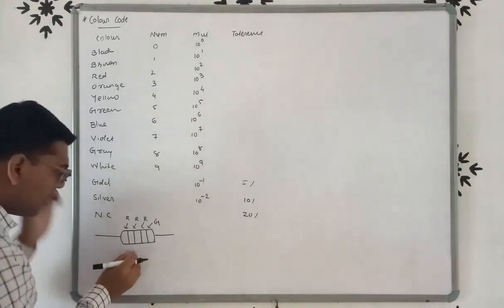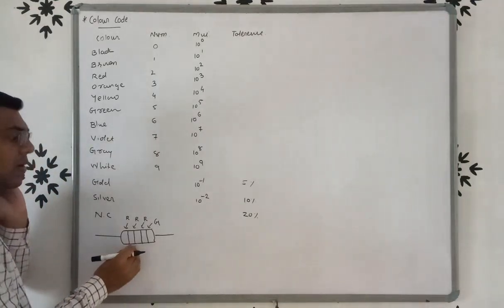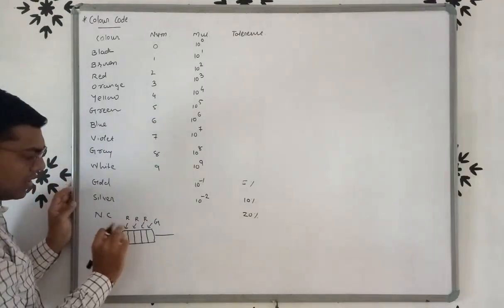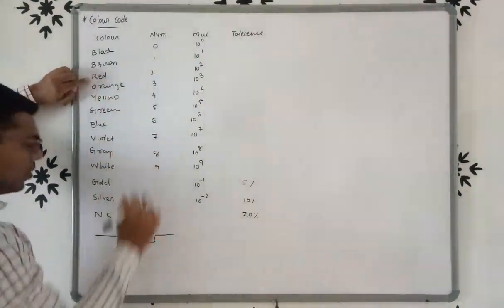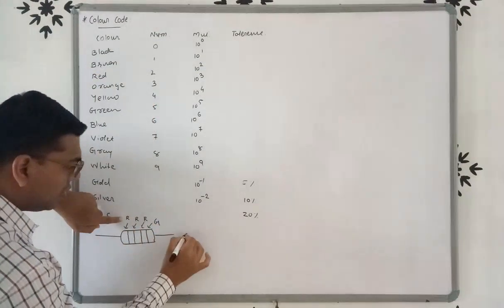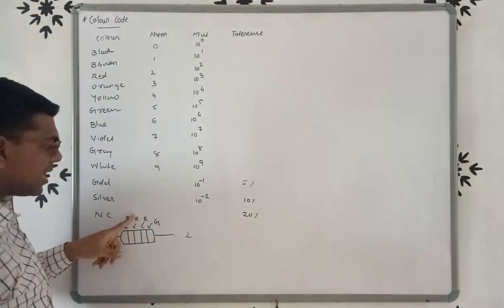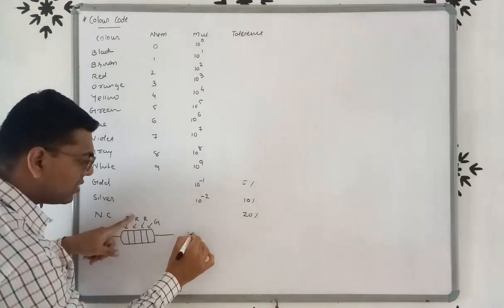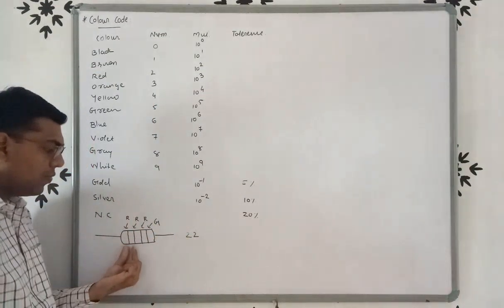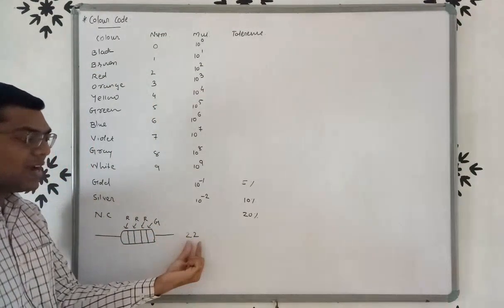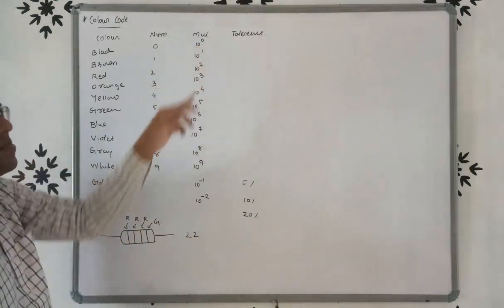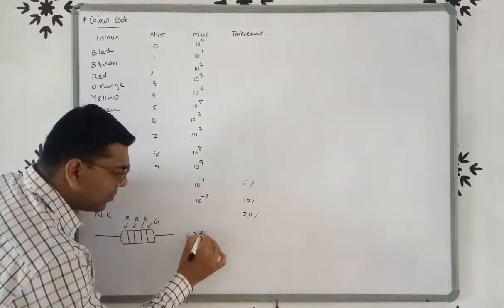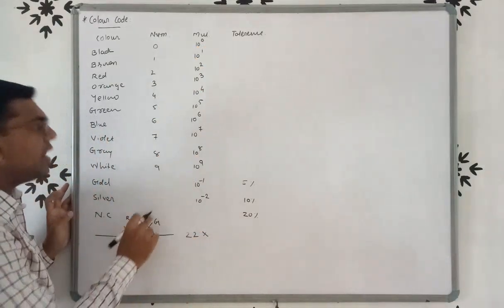Now see, for the first two colors you have to write numbers. The first color is red, and the number of red is 2, so here 2. The second color is red, again number 2. Then for the third color you have to write the multiplier.